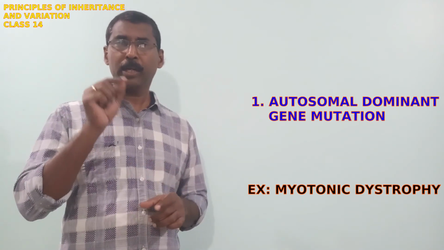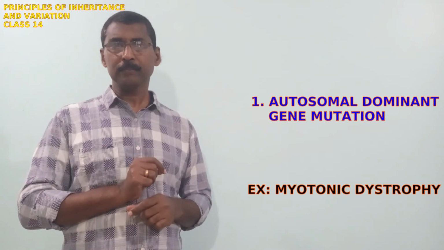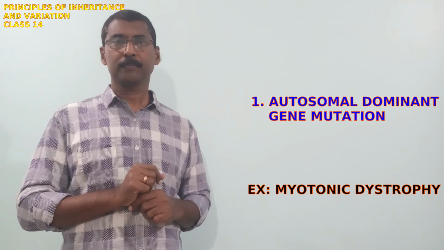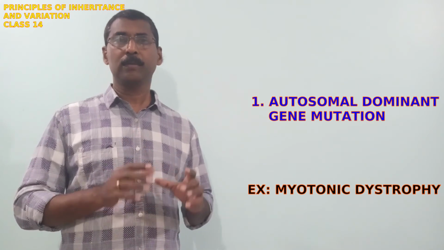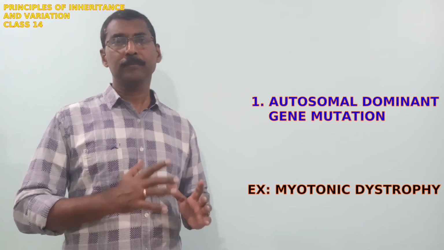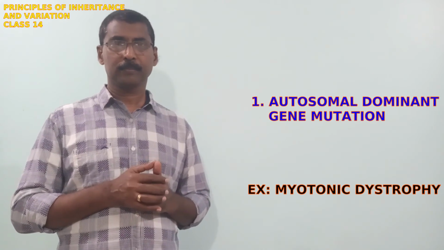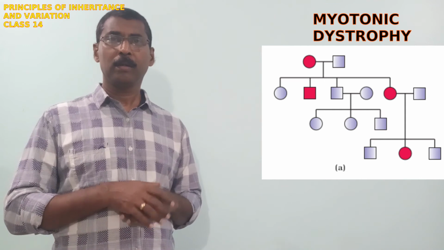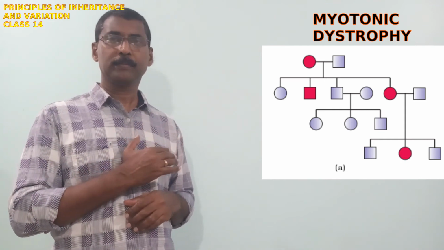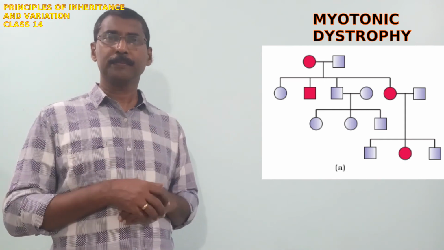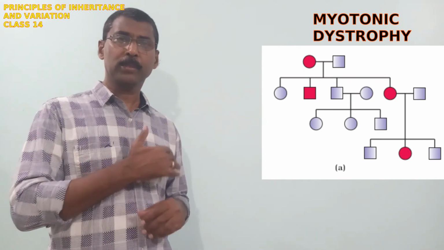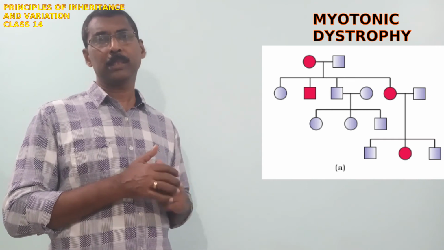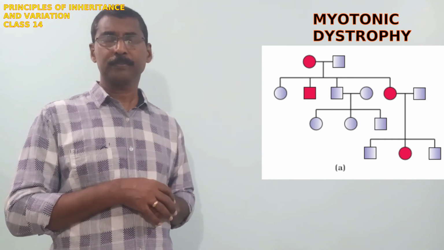As represented here, one of the parents has the disease and it is transferred to the children, not all the children, but 50% of the children get the disease.